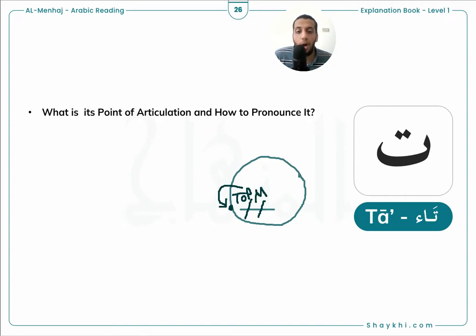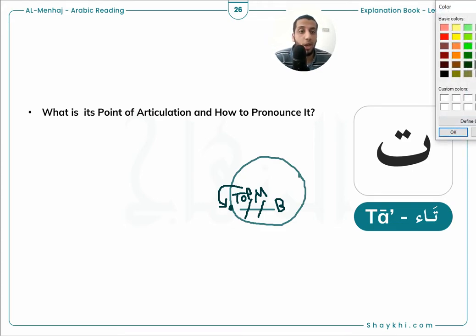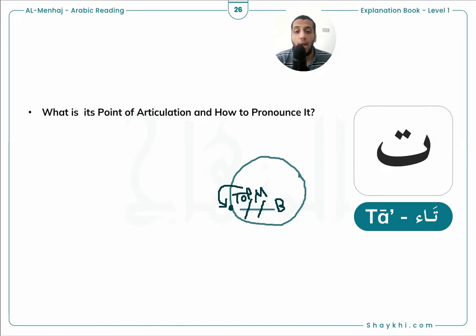And here the middle part of the tongue, and here the back part of the tongue. So we have top, middle, and back. The first part, the top part of the tongue, is called the tip of the tongue, which is this part.